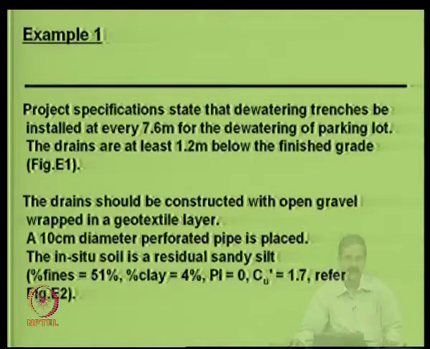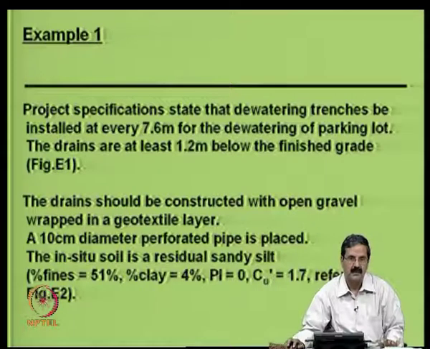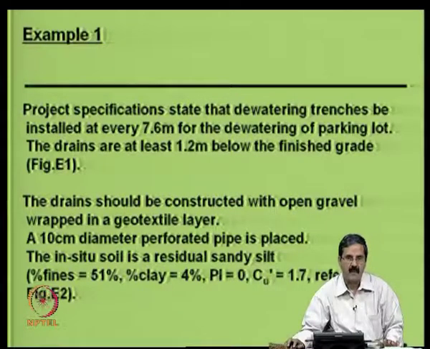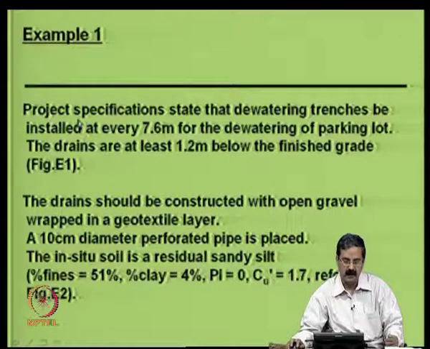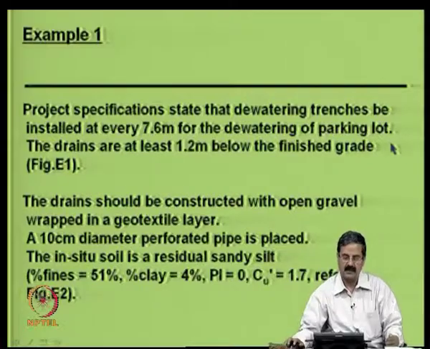So I would like to illustrate some of these things with an example. The project specification states that dewatering trenches need to be installed at every 7.6 meters of the parking lot.